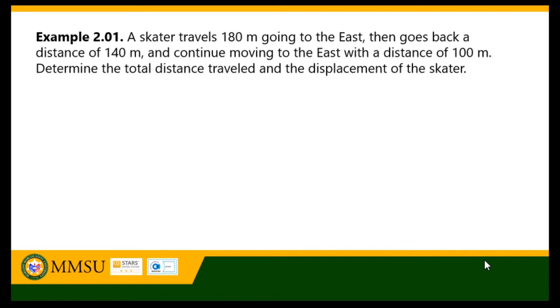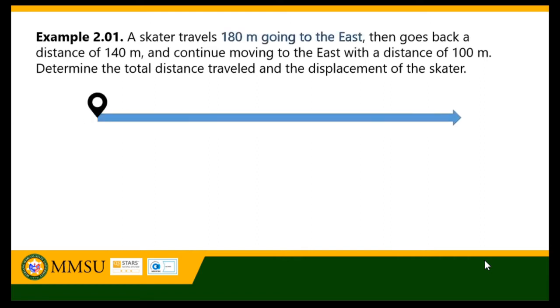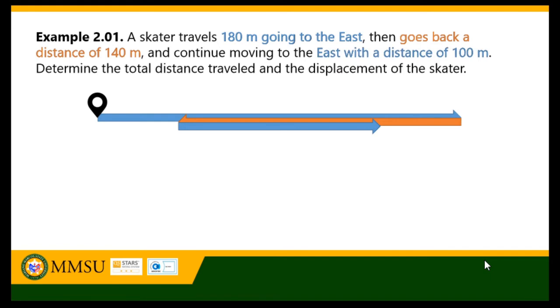So we are going to identify first the movement of the skater. We have 180 meters going to the east, then 140 meters back in the opposite direction, and another 100 meters continuing to move to the east.